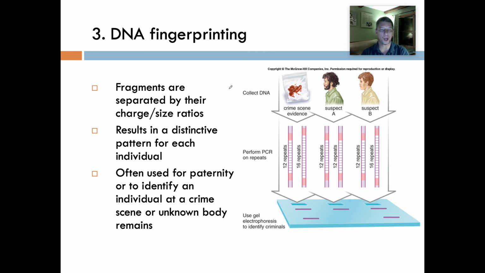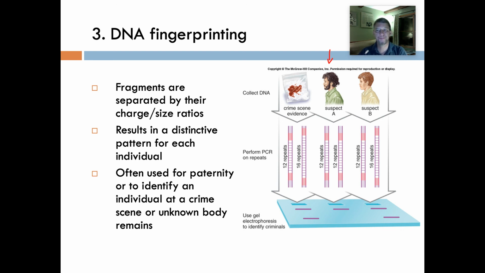And so let's say we have suspect A here. And this guy, notice, has 12 repeats on this particular segment of DNA.